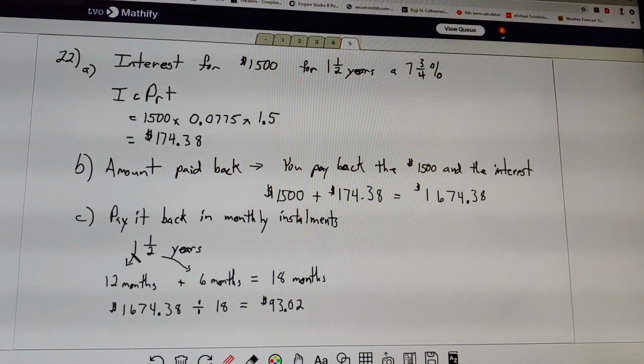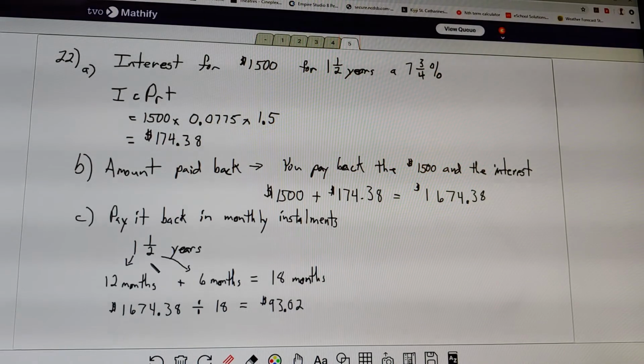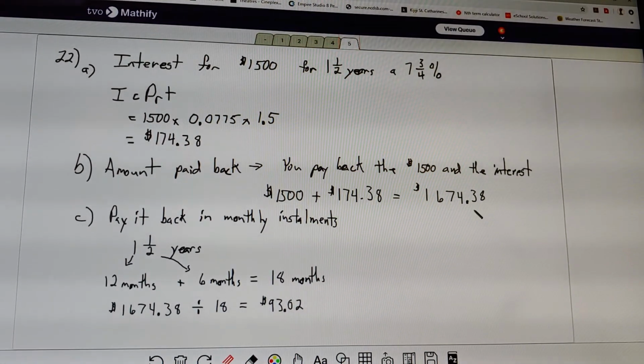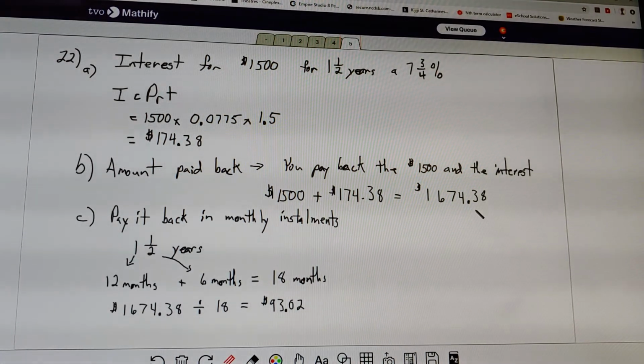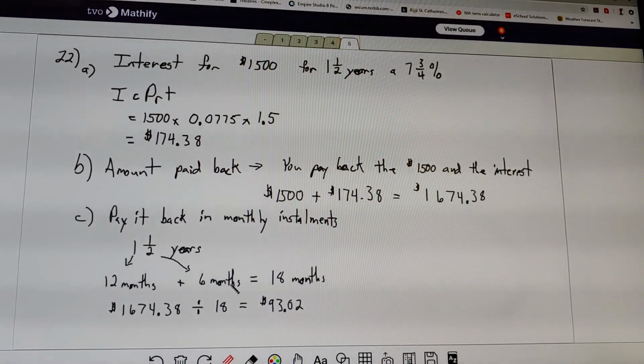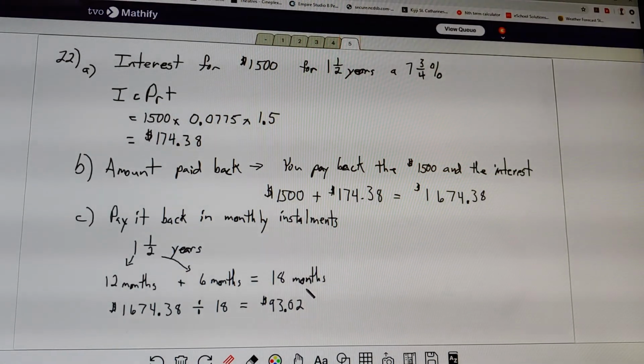So you have a year and a half that you had it for, and you're going to break the total amount to be repaid into equal monthly installments. So let's figure out how many months that is. 1 year is 12 months, half a year, 6 months. So we've got 12 months and 6 months. That's 18 months, a year and a half.